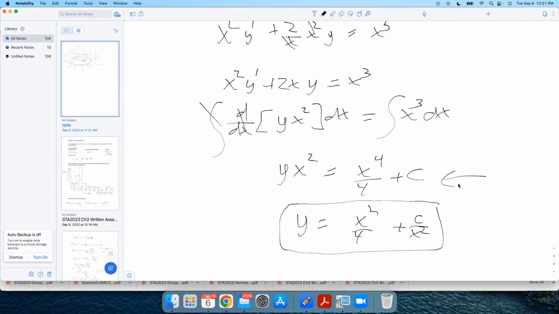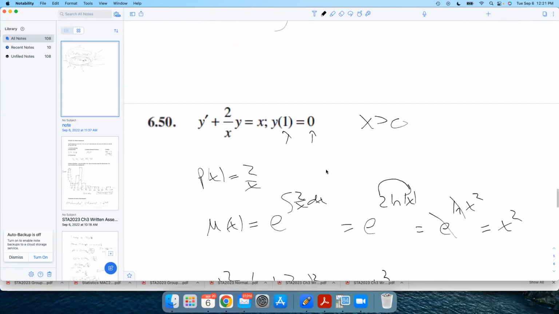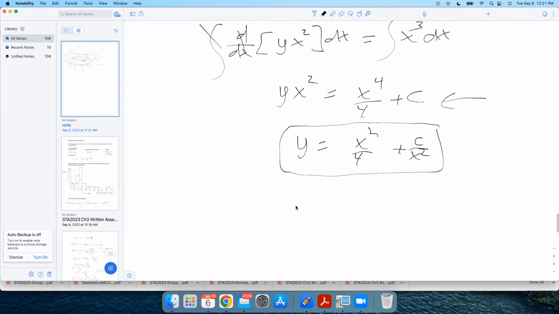Now this is an IVP. Y of 1 equals 0. So we'll get 0 equals 1/4 plus C over 1. I'm plugging in 1 for X and 0 for Y. So I think C is -1/4.